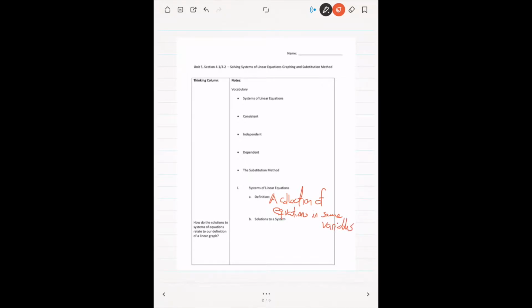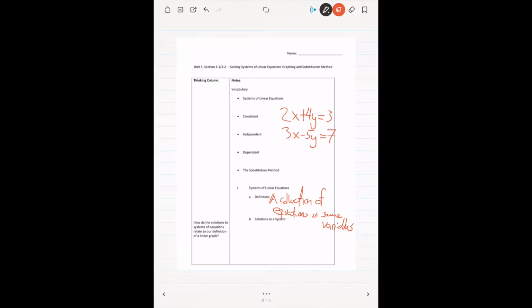Terrible handwriting. All right, so a collection of equations in the same variables. It's important to remember that when we have a system of equations, we have things like 2x plus 4y equaling 3 and 3x minus 5y equals 7.